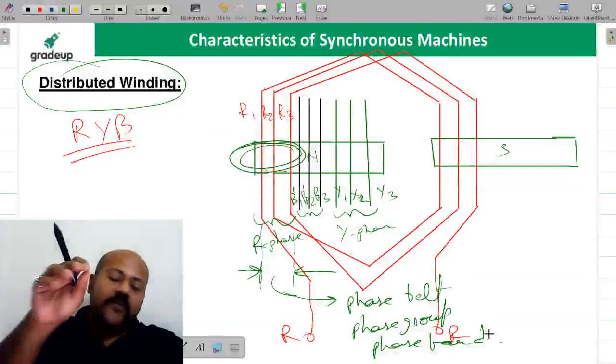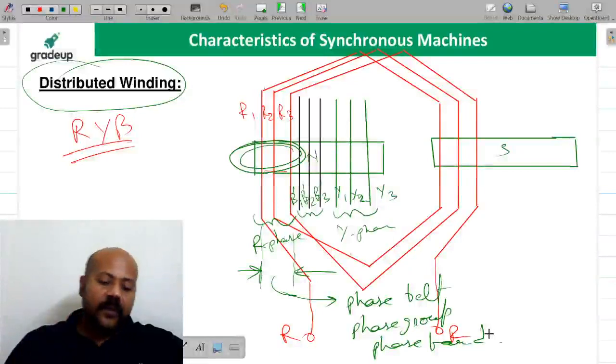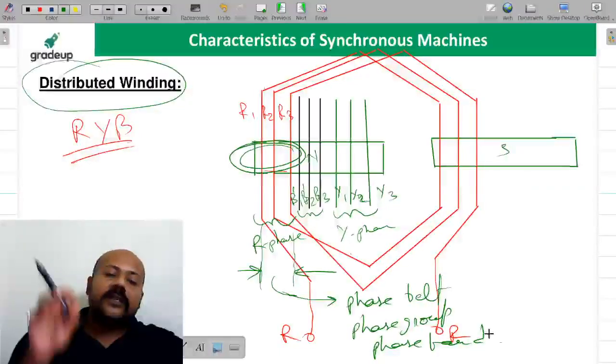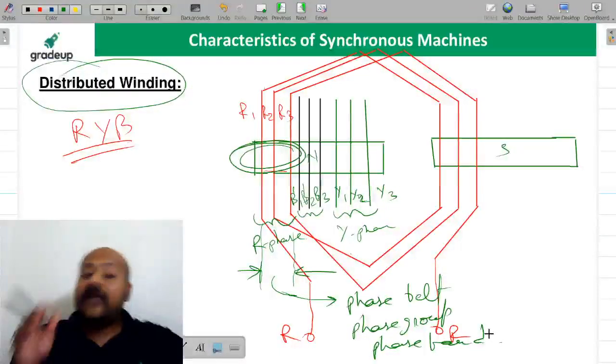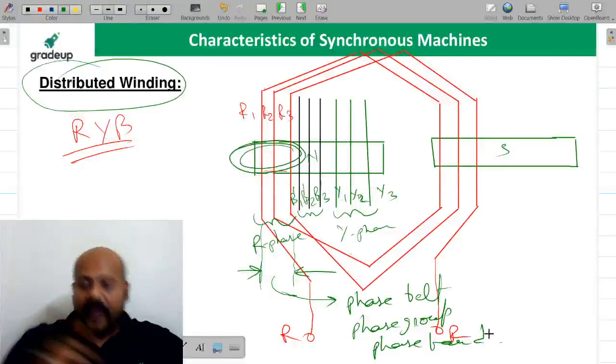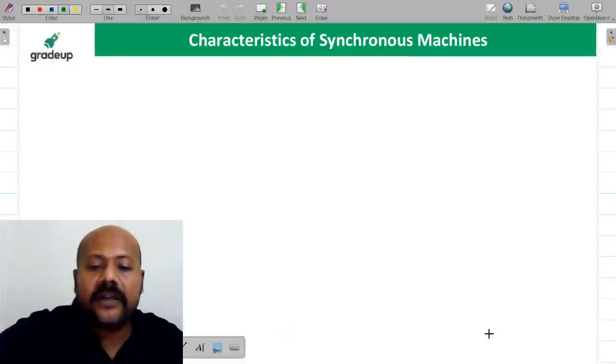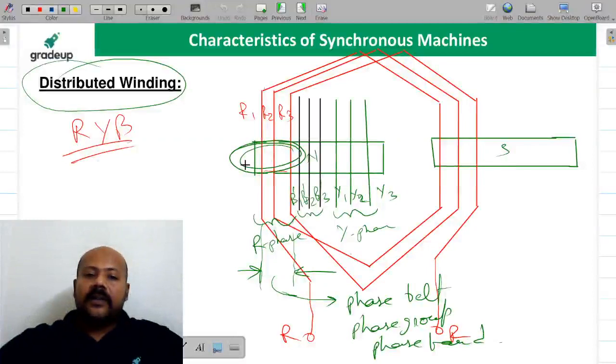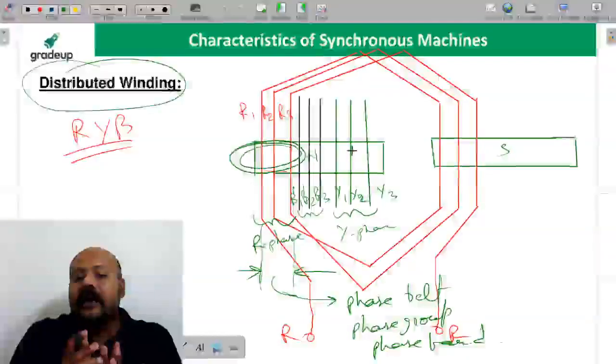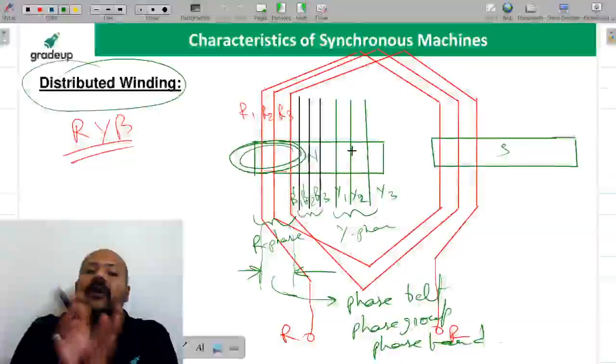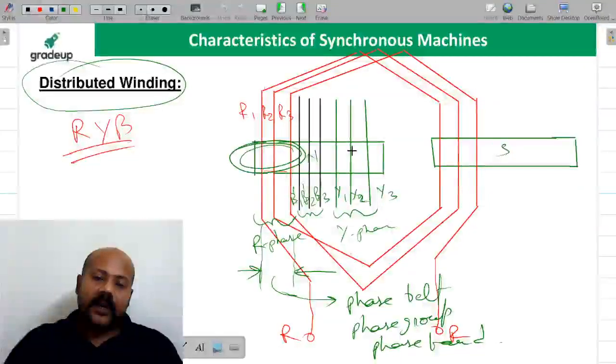See, that EMF polygon is very easy, that we will discuss, no problem with that. But beta, we want to discuss this phase group, phase belt. That is very important, because if you don't understand this, so what you are seeing, this total pole area we are defining under three phase belts or phase groups. That is the idea I want to convey to you.